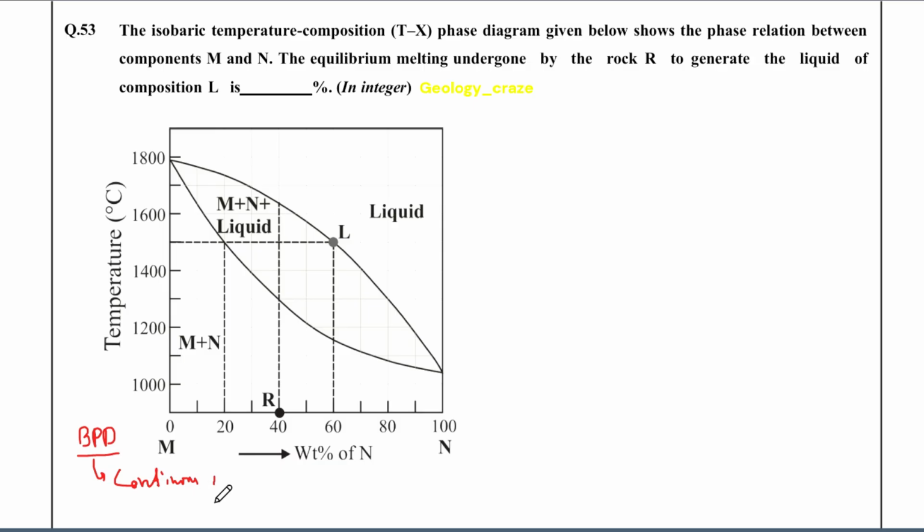This is a continuous reaction series, in terms of the minerals that are forming. Examples of this are albite and anorthite. In the olivine group also we have seen this.